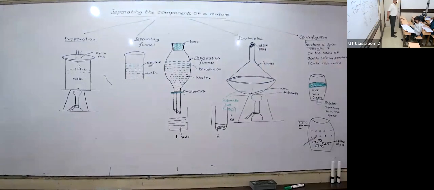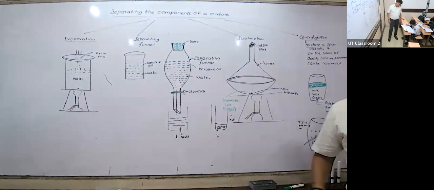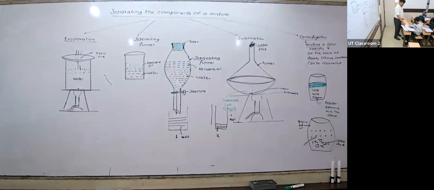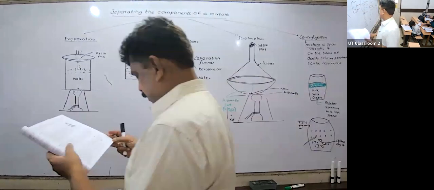Now, should I give you the page number on which these diagrams are there? ये जो diagram है separating funnel का, is given on page number 29, isn't it?